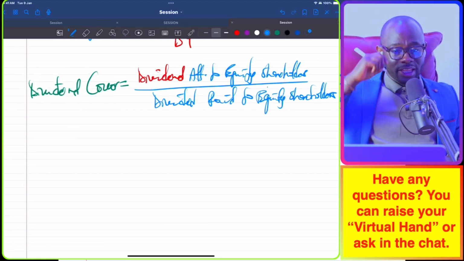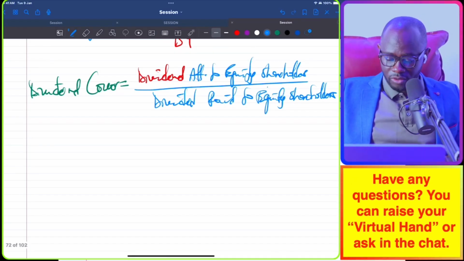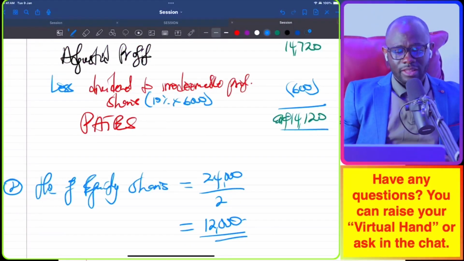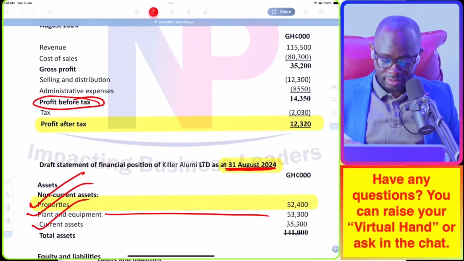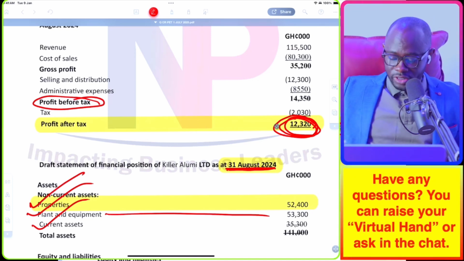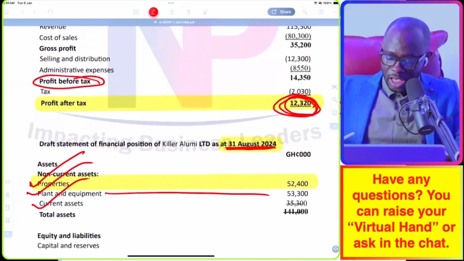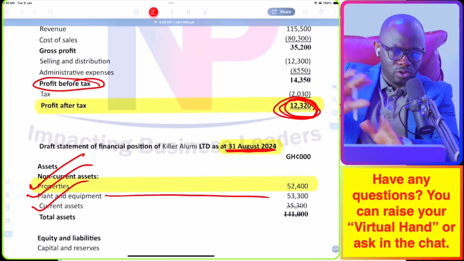So what are we making the subject? So we need a numerator, the dividend that will be attributable to the equity shareholders. Now, if you check, the entity made a profit here of 12,320 because they said the dividend cover was calculated based on the above. So you can't use the adjusted figure to work it out.